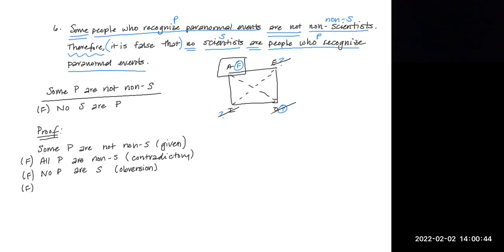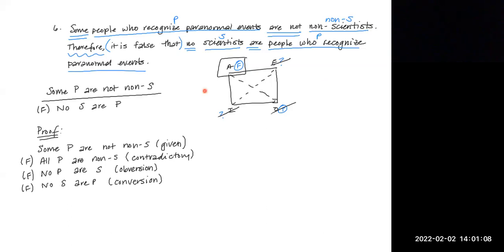Then all we need to do is use conversion to switch them. All right, so now we've got it is false that no S are P in our work, and it is false that no S are P in our conclusion. So we have proved this argument.